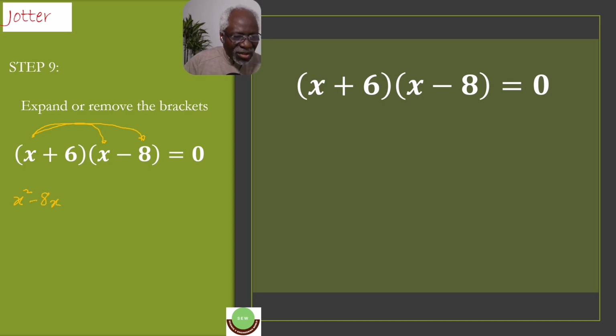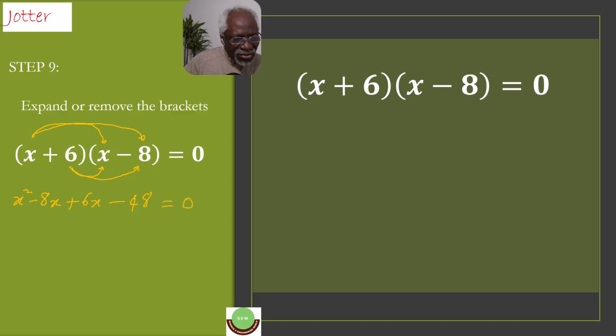And then we're going to also have 6, we multiply that, and 6 we also multiply this. And that will give us plus 6 times x will give us plus 6x, and plus 6 times minus 8 will give us minus 48 equals 0.